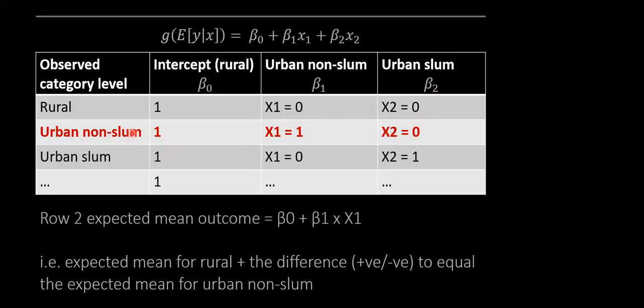So beta 1 is the additional change in the mean, whether positive or negative, that we add to the rural mean to get the expected mean for an urban non-slum facility.